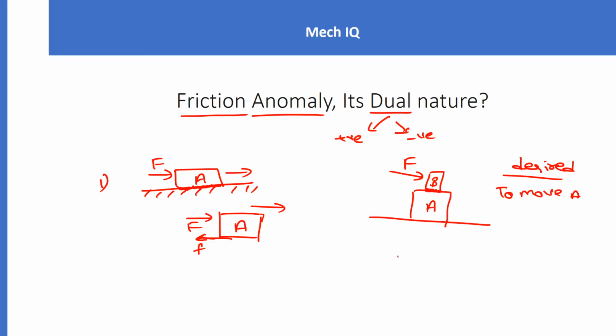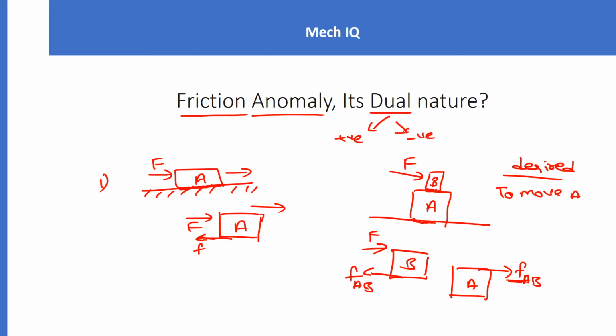So on B, if you apply force F, the friction will act like this, and on A, the friction will act like this. Let us say it is F1, otherwise FAB. So FAB will act in this direction, but there is friction here too. So let us say this is FA.